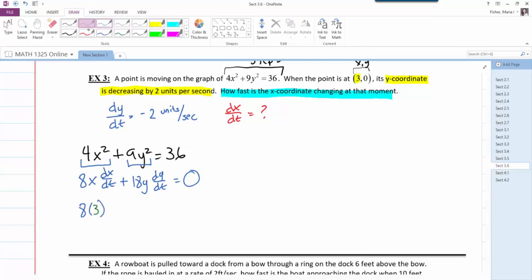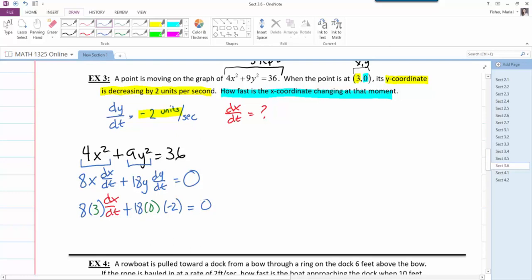I'm looking for my dx/dt. I don't know what that is. Plus 18, I'm told that my y is equal to 0 and that my dy/dt was negative 2 units per second. And that equals 0.